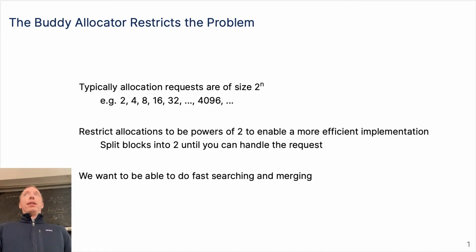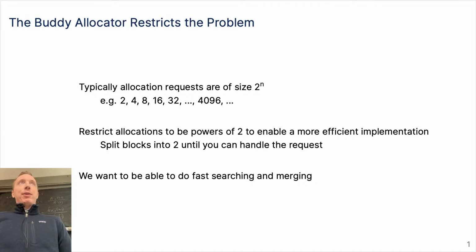It only takes requests of powers of 2, like 2, 4, 8, 16, 32, maybe the size of a page, maybe more, maybe less. That's the general idea. So it restricts allocations to a power of 2, and we'll see that that actually allows for a much more efficient implementation and makes that merge step we were talking about before, that we kind of hand waved about, a lot easier.